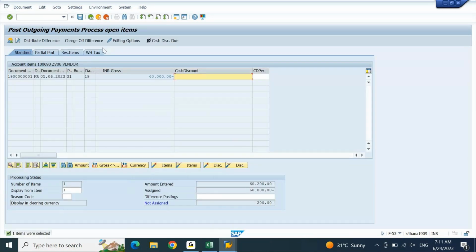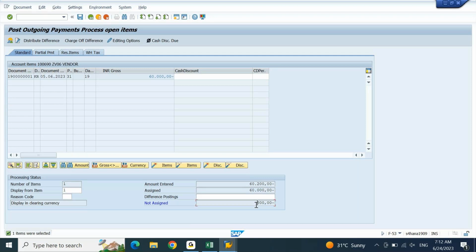For on account payment, you will be working on standard functionality only, not the residual, not the partial. Amount entered is 60,200, sorry, and 60,000 is what you have assigned. There is a balance of 200.